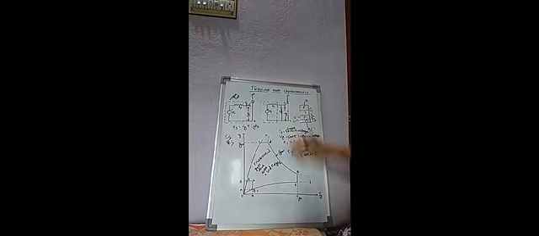What happens here? To provide an easy path to the flow of leakage current between the SCR terminals, another resistance R1 is connected across the gate and cathode terminal.